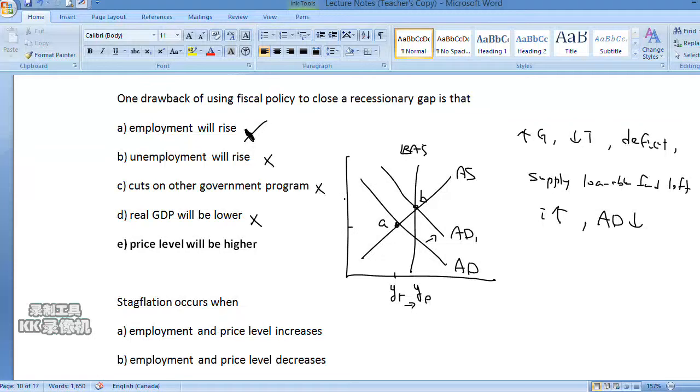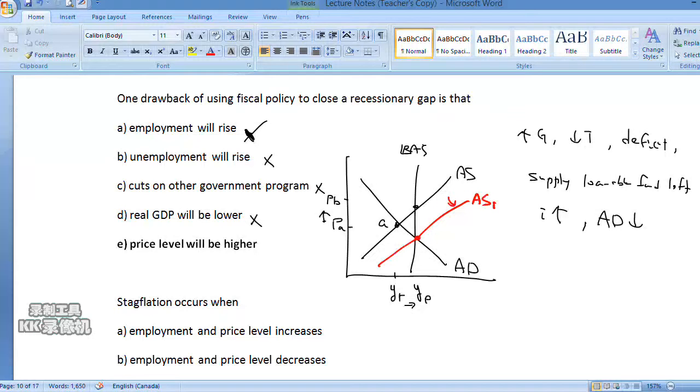However, in this case, we can see that price level has risen. So we can argue that that's one of the drawbacks, because instead of shifting the AD, we can shift the AS curve by having a tax cut, encouraging business investment and technology innovation.